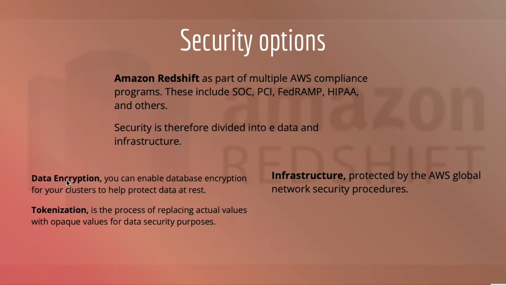The data security features that Amazon Redshift offers include data encryption and tokenization, where it sends you a token before the data is accessed, and your data is also encrypted so that anyone who is not authorized to see your data won't be able to understand what it entails because it's encrypted. We also have infrastructure, which also makes the data more secure.